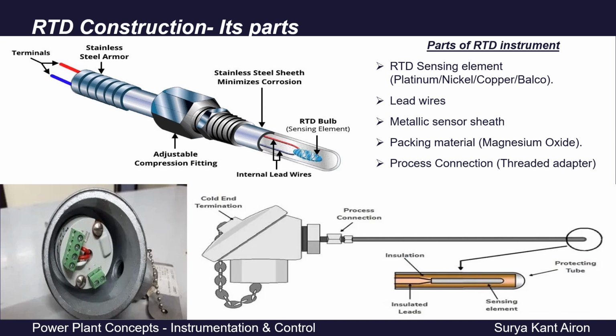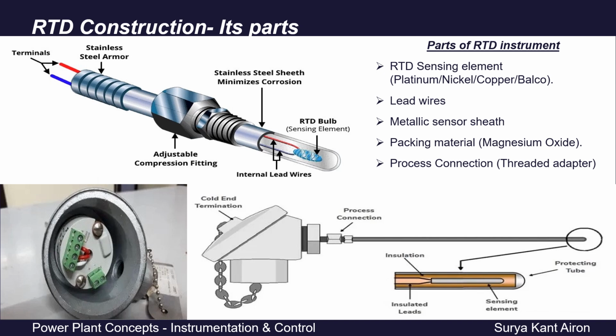Then these sensing elements are connected to lead wires, and lead wires are connected to either our temperature transmitter or directly to our control system. Then to protect it, these lead wires pass through a metallic sensor sheath that covers and protects most of the components of the RTD instrument.